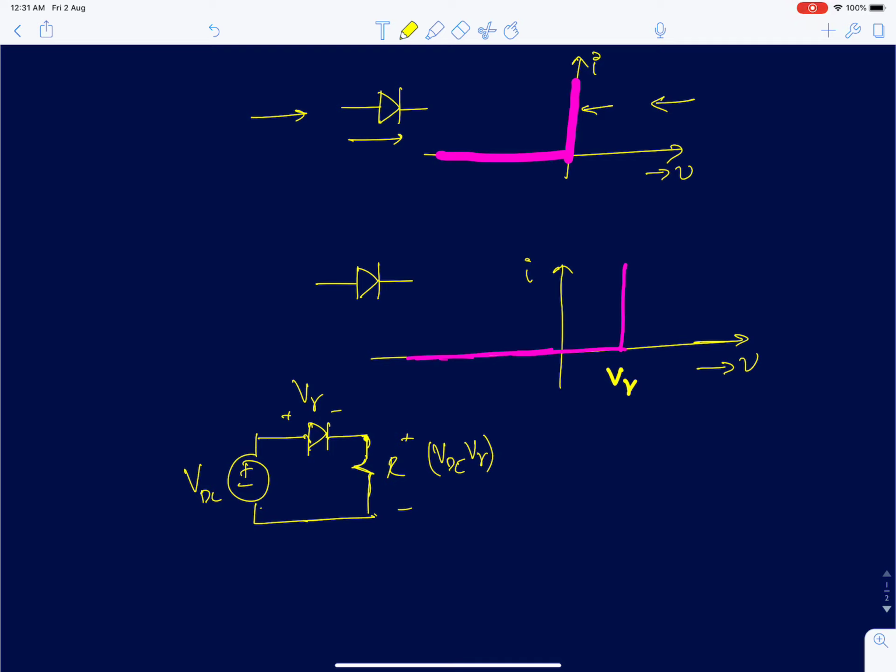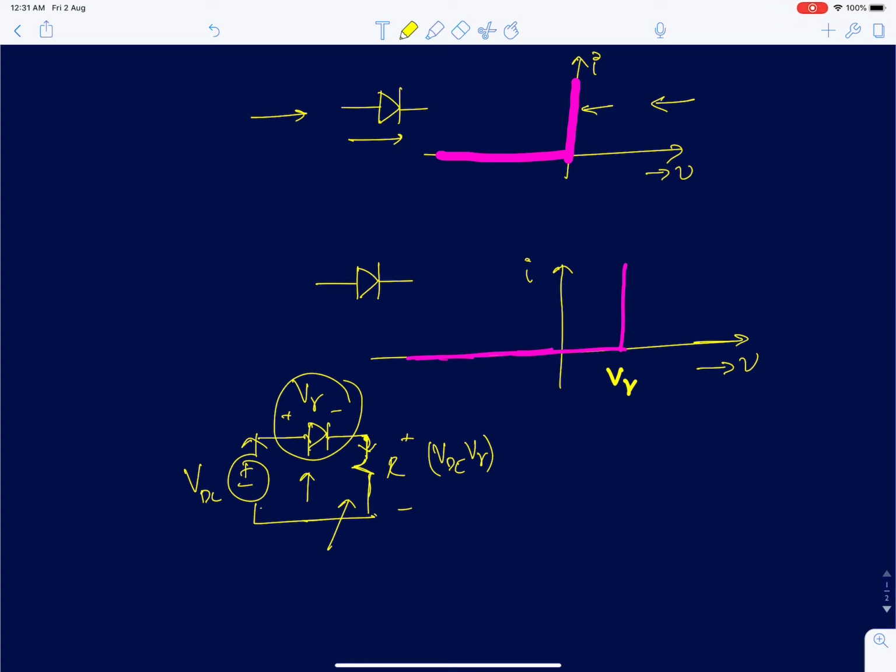So this model actually models the loss in power in the diode as well. If I use an ideal diode model, the entire voltage will appear across the resistor, and the entire power that is delivered by this voltage source will be dissipated across the resistor itself.